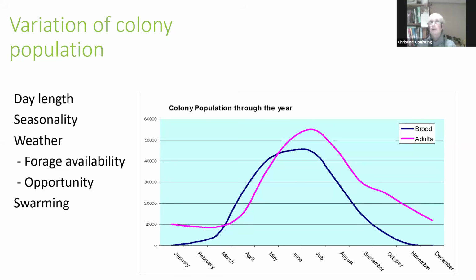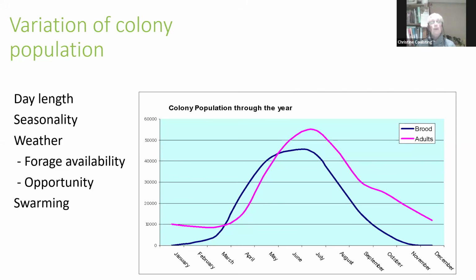So we can have very bad weather, which can prevent them from foraging. All these things, the seasonality as well, we've probably seen a shift in this graph this year, sort of backwards, where the forage seems to be about 3 weeks earlier in my area.